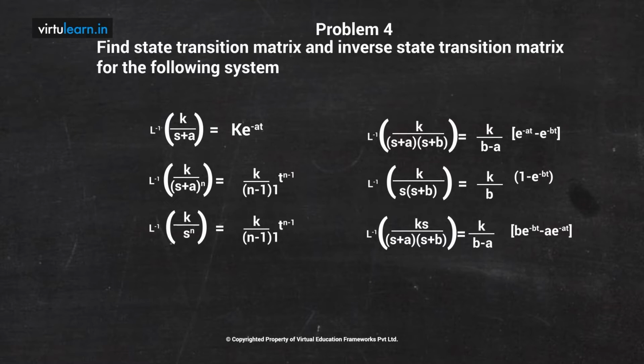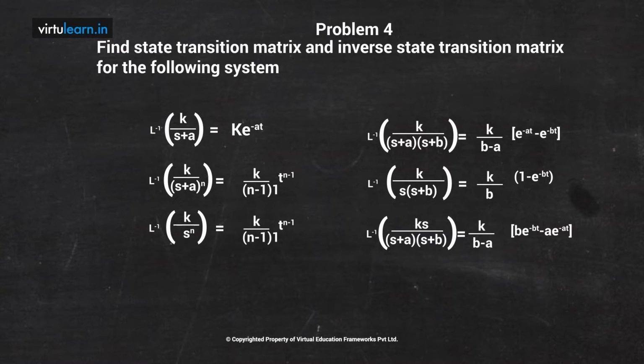Then if you have k by (s plus a)(s plus b), we can write it as k by (b minus a) times (e power minus at minus e power minus bt). These formulas you can remember and substitute wherever they come up when finding the inverse Laplace transform. Similarly, if you have k by s(s plus b), where a is equal to 0, substituting a equals 0 in the previous formula results in k by b times (1 minus e power minus bt).